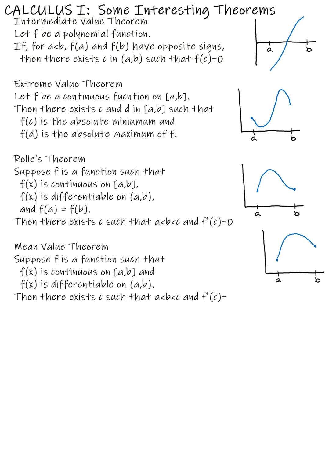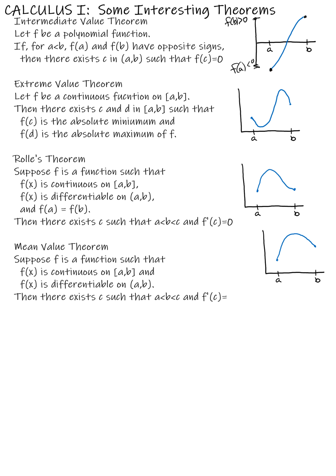It is polynomial, and it's defined from a to b. Notice a is less than b. Now, you'll also notice that f of a and f of b have opposite signs. F of a is negative, and f of b is positive.